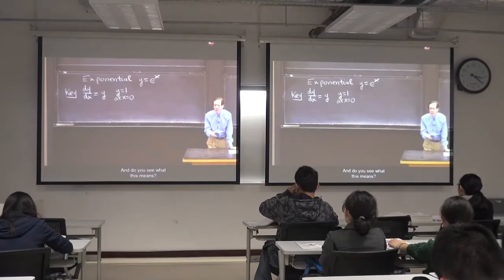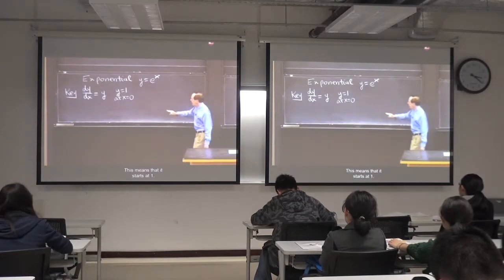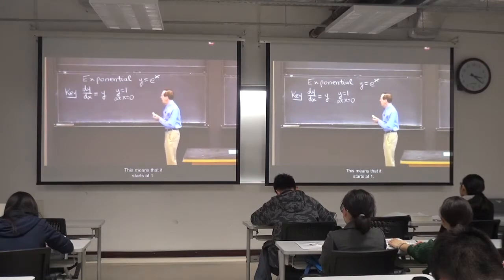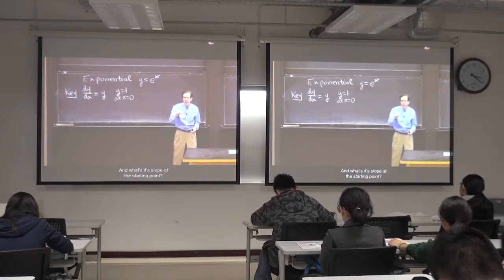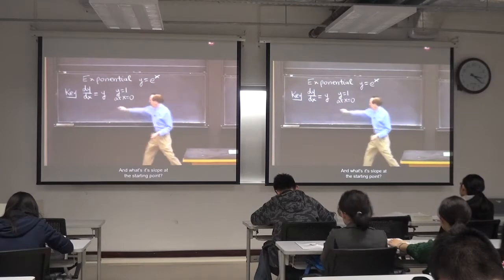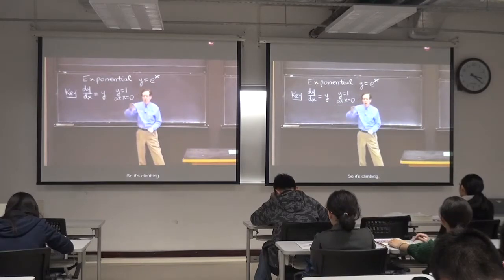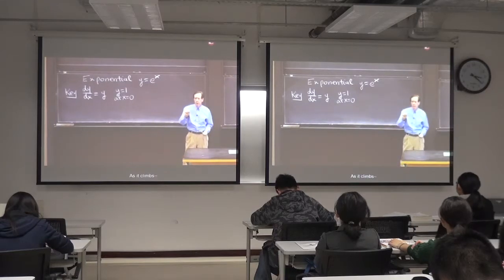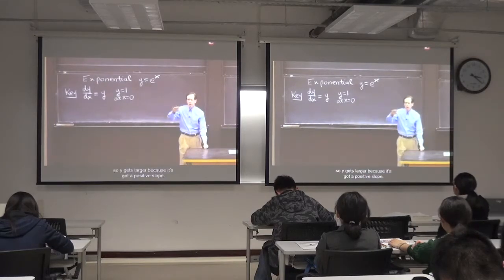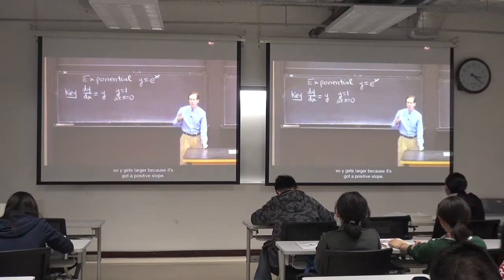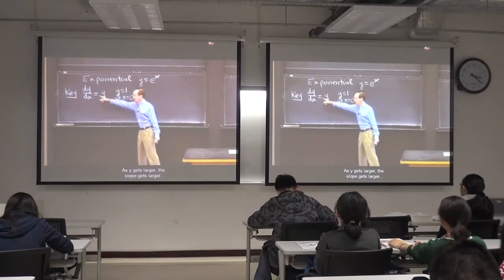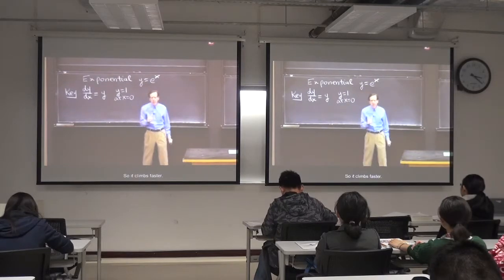And you see what this means? It starts at 1, and what's its slope at the starting point? The slope is also 1, so it's climbing. As it climbs, y gets larger because it's got a positive slope. As y gets larger, the slope gets larger, so it climbs faster.